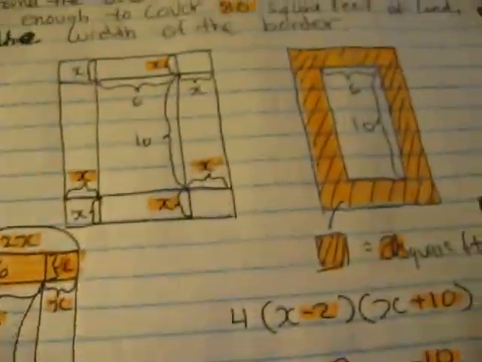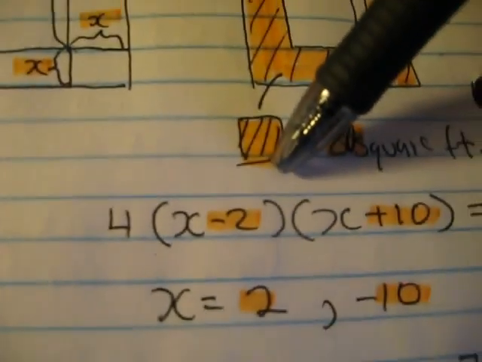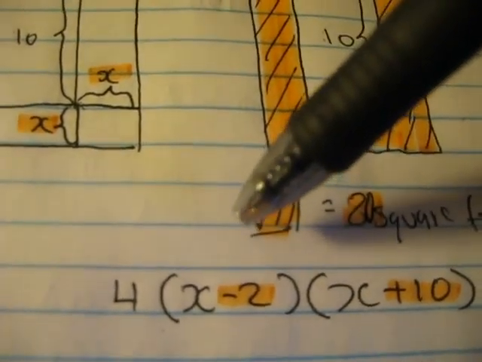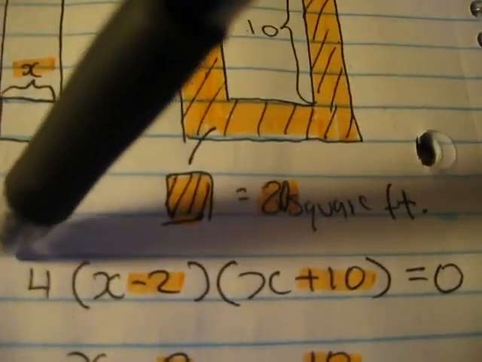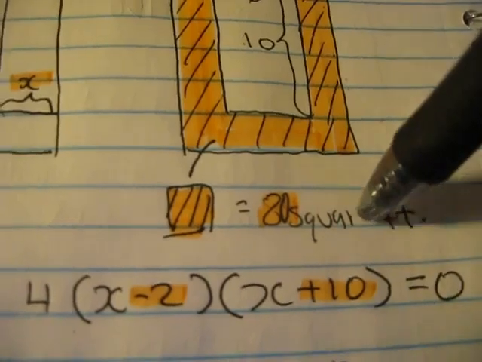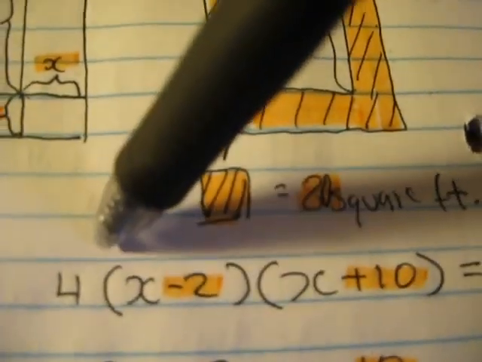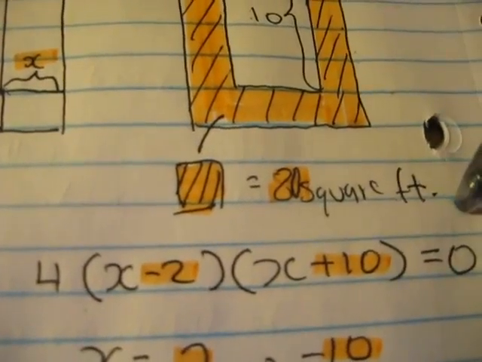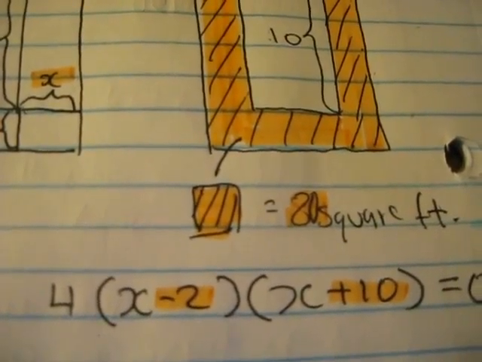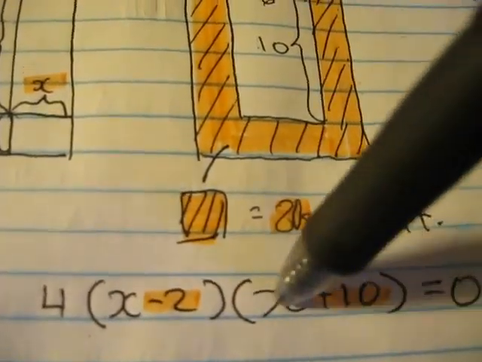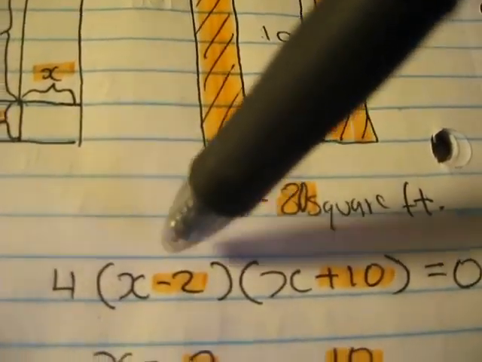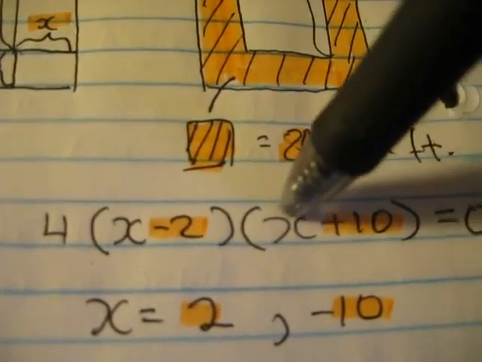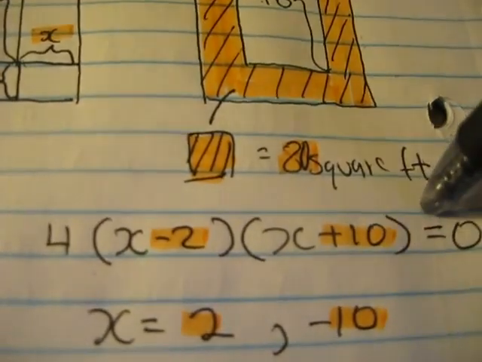So the numbers will be negative 2 and 10. So this will be the completed factored form of that equation, and that will be 4 times x minus 2 times x plus 10 equals 0. Now each parenthesis should equal 0, so we know that x should equal positive 2 and x should equal negative 10 to make this equation work.